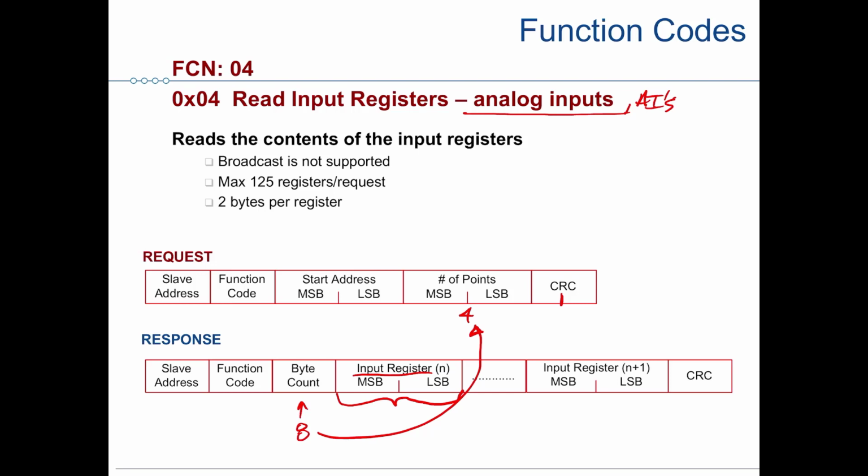Just like the digitals or single bit points, the first reported value is the first address, the second is the second address, and so on. So if you ask for 4 points, the first point would be the first 2-byte value, the second one would be the second, the third would be the third, and so on. And then you'd end off with your 2-byte CRC. Again, 125 registers maximum.